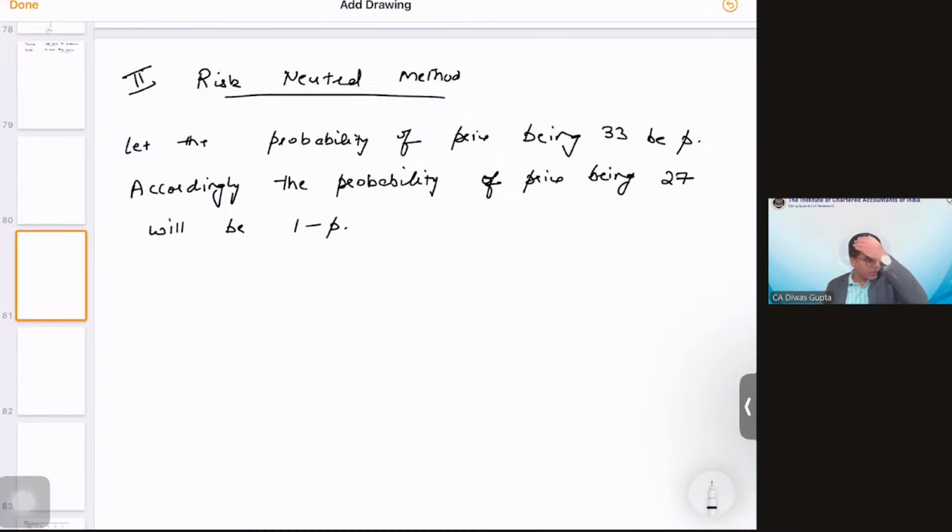Because both of them have to equal 1. That's the fundamental principle of probability, where if we assign probabilities to all possibilities, the summation of them should become 1.